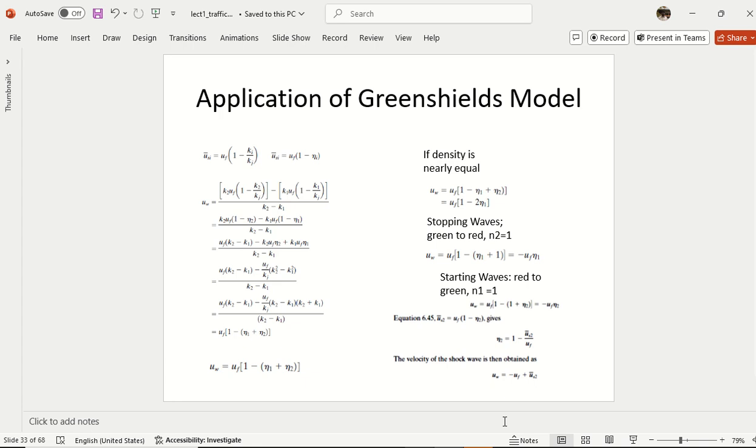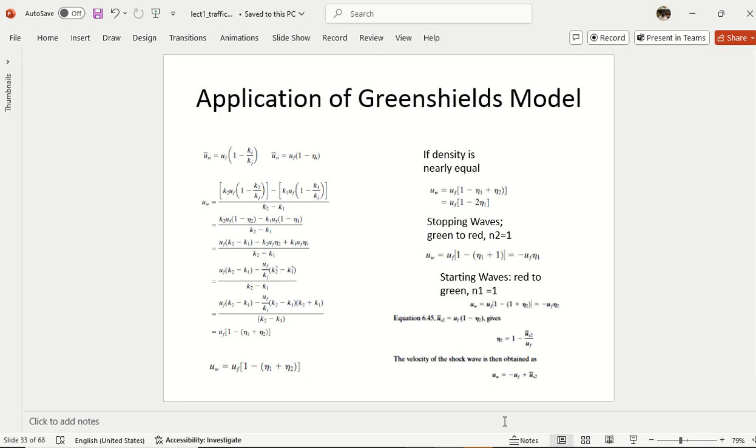In this equation I have eta 2, so I can replace eta 2 from here and write it in terms of speed only. Here you can see there is no eta, only speed: free flow speed and final speed. There is no density in the final equation. All of this is according to Greenshield. Clear?